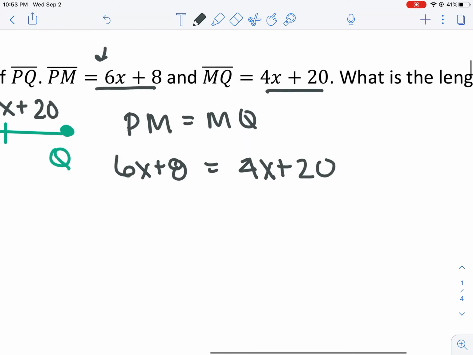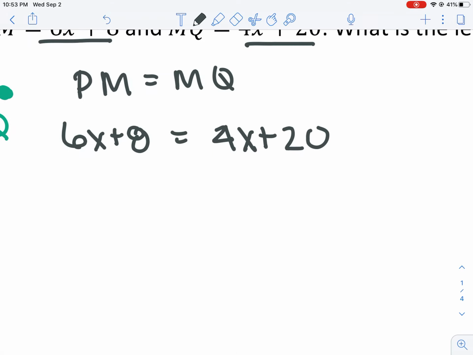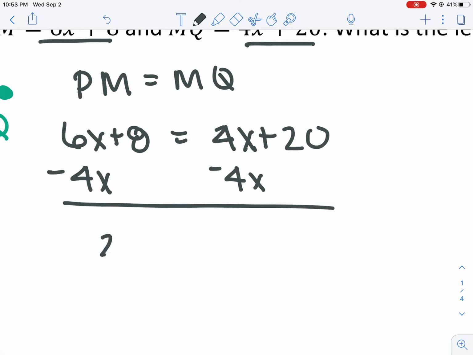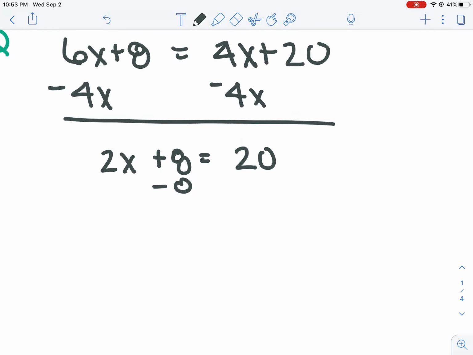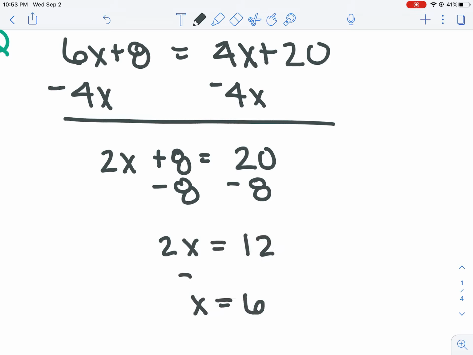So now it just becomes a pretty simple algebraic expression. I do minus 4x, 2x plus 8 equals 20, minus 8, 2x equals 12, divide by 2, x equals 6.